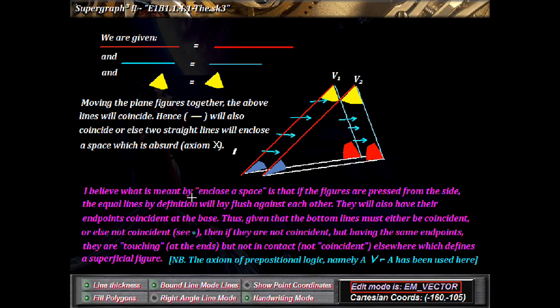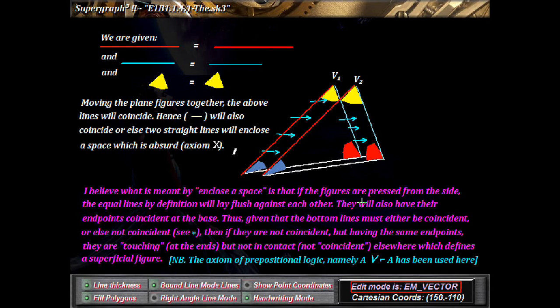Now, I believe that what they mean by enclose a space is that if the figures are pressed from the side, as in the diagram, the equal lines, these ones, by the definition of being equal, will lay flush against each other. They will coincide in the same sense that I showed you before.